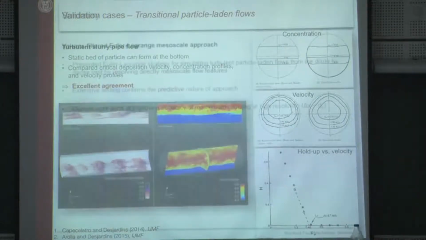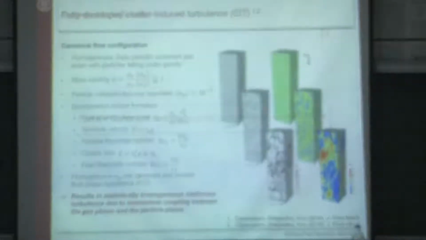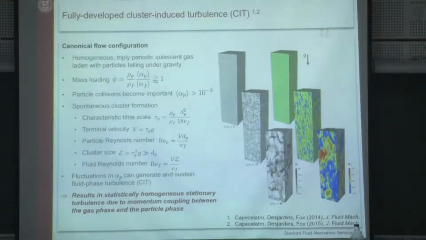Okay, now what we're going to do is talk about a canonical configuration that we're going to use to understand a bit better two-way coupled flows. We're going to look at a flow that we've started calling cluster-induced turbulence, CIT.